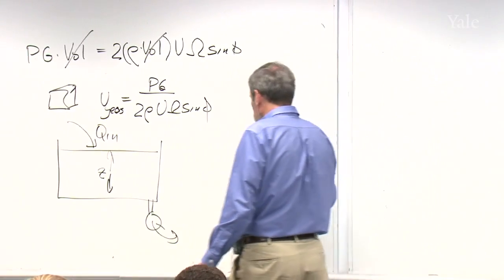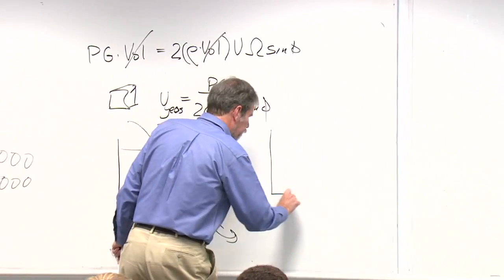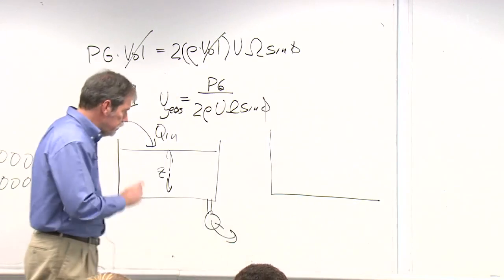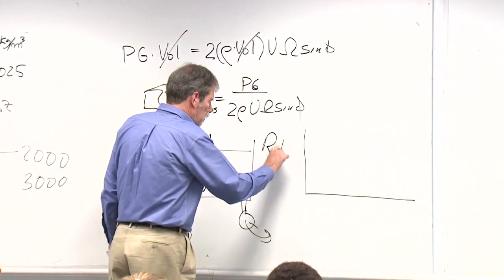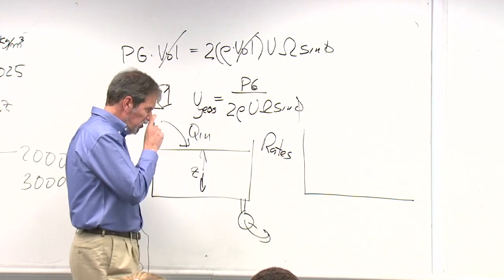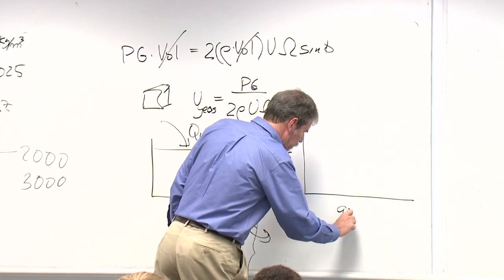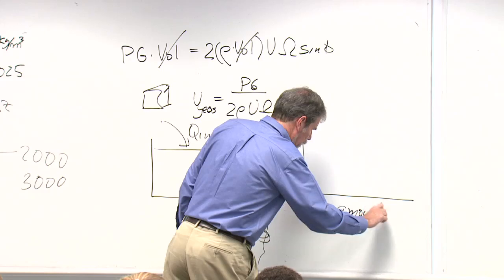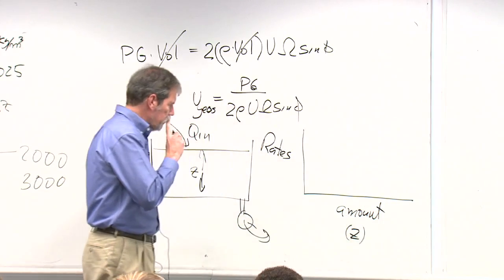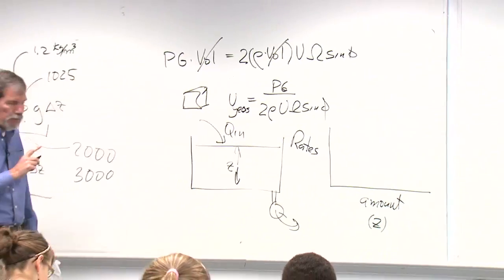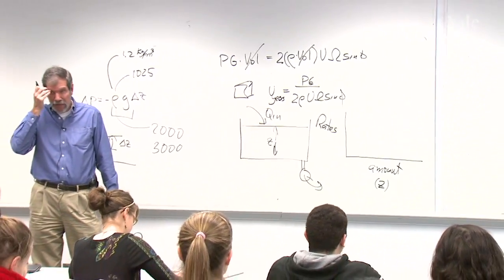And in a nutshell, this is the way you do it. If you make a plot like this with rates on this axis and some measure of the amount of water, in this case maybe it's the depth, z, on that axis, you can work out the solution to this equilibrium state graphically.